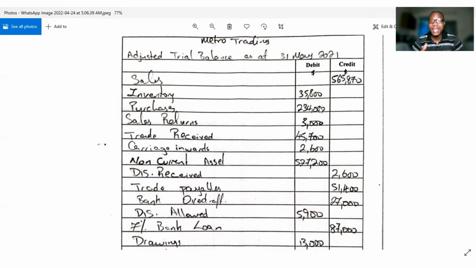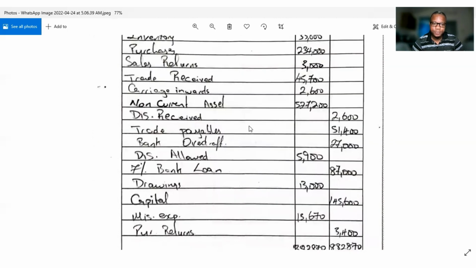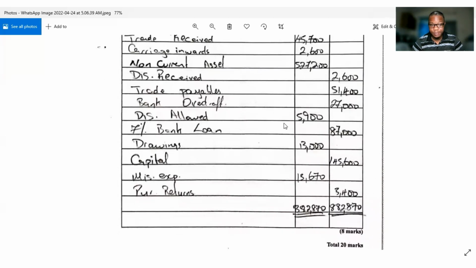Purchases is a type of expense, carrying a debit balance just the same. Discount received is a revenue, so credit balance. Trade payables is a liability, credit balance. Bank overdraft, another liability, credit balance. Discount allowed, expense, debit balance. 7% bank loan, liability, credit balance.